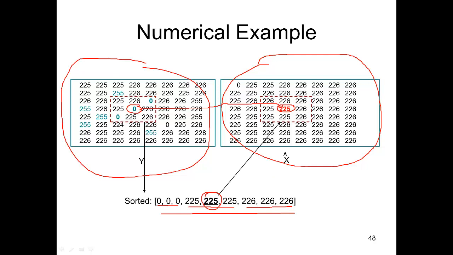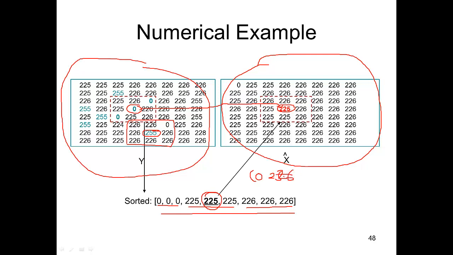Of course, you can also look at this other pixel. We need to check what it should be in the new image. You do the same sorting. You get the 8 pixel neighborhood, then sort the pixels from 0 to 226.